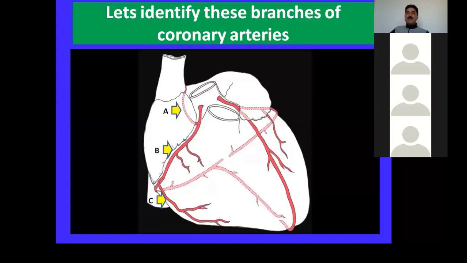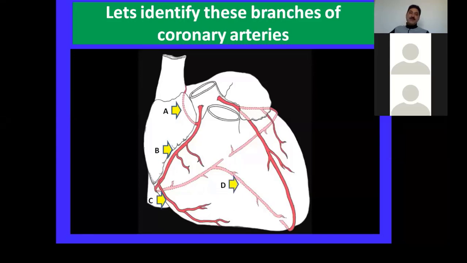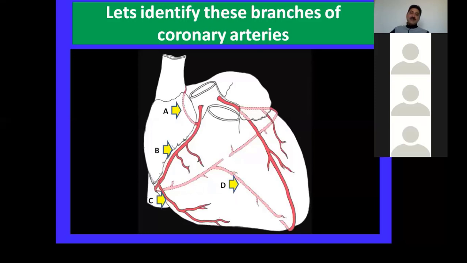C is represented by which vessel? Right marginal. Very good. Which vessel is this? Posterior descending. Very good. Which vessel is this? I'm talking about the major trunk. It is left anterior descending. Okay?